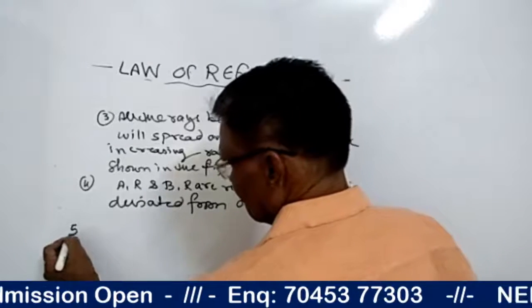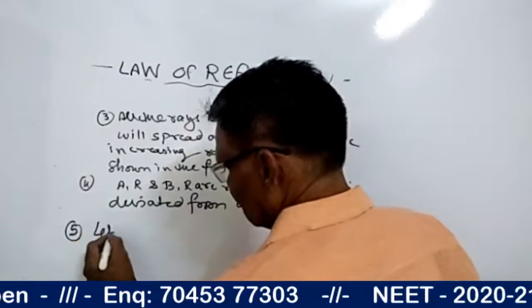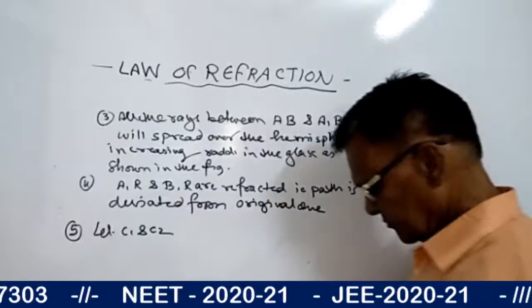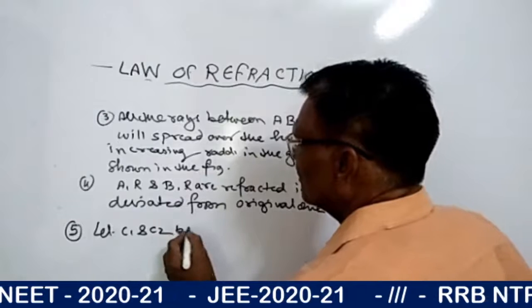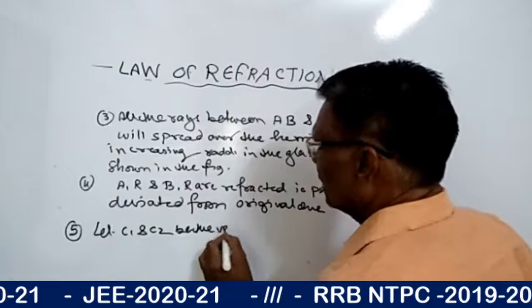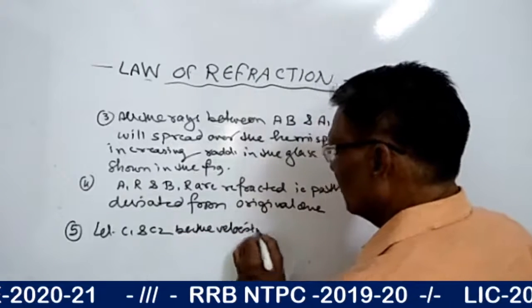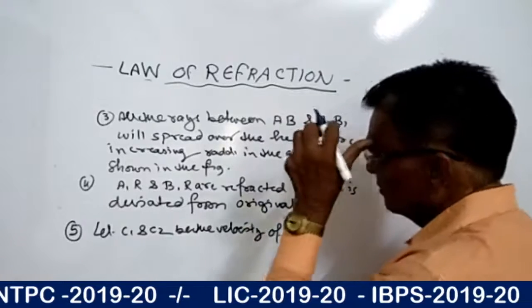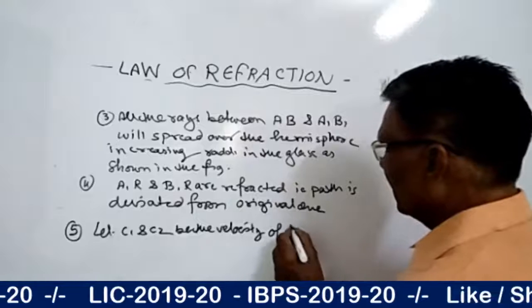Next, let C1 and C2 be the velocity of light in air and glass.